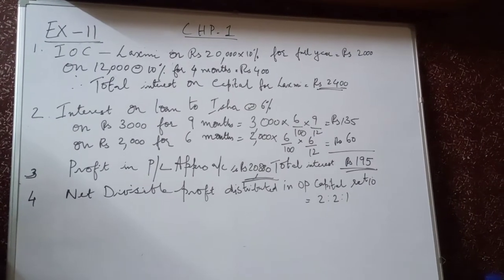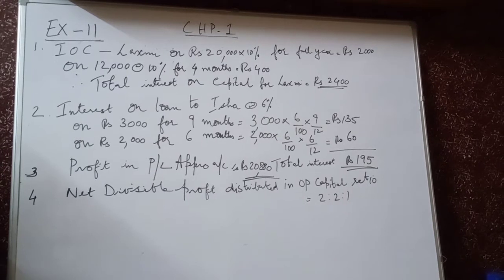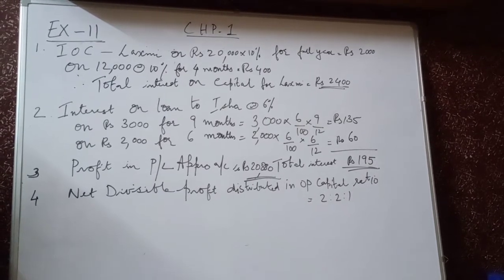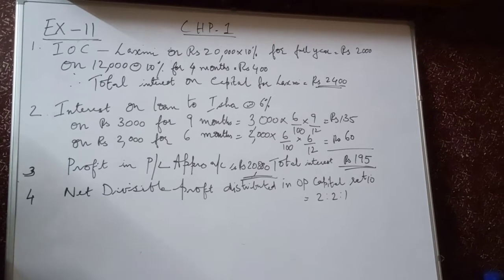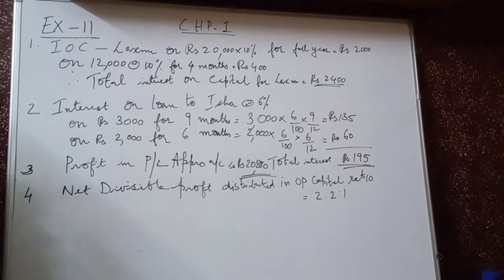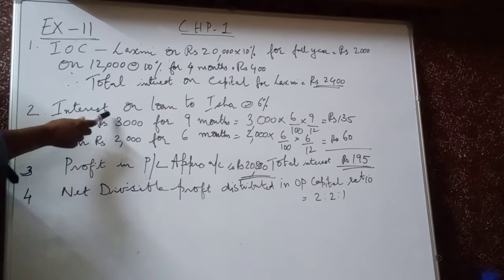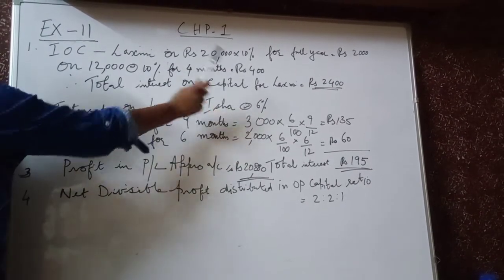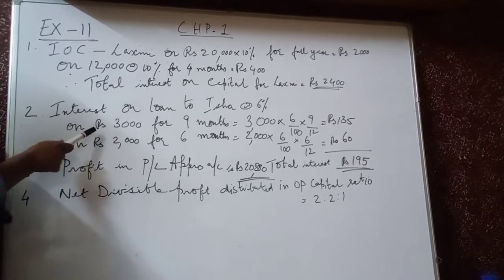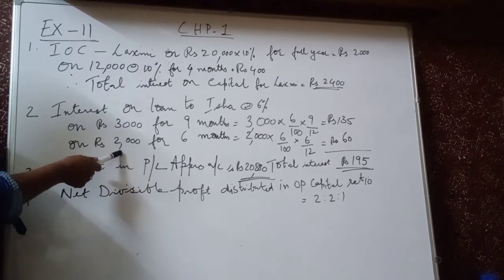Isha has lent rupees 3,000 on 1/10/2016 and 2,000 to the firm in the form of loan. So let us see the calculation for interest on loan. Interest on loan to Isha at 6% on rupees 3,000 first, then on 2,000.